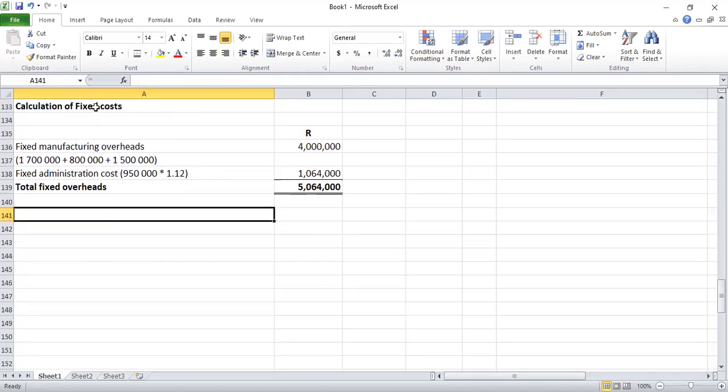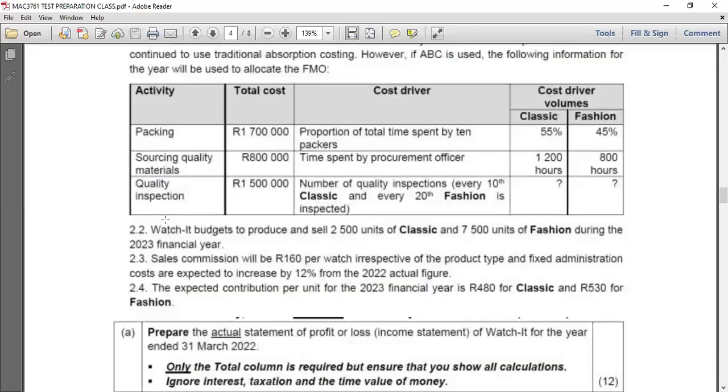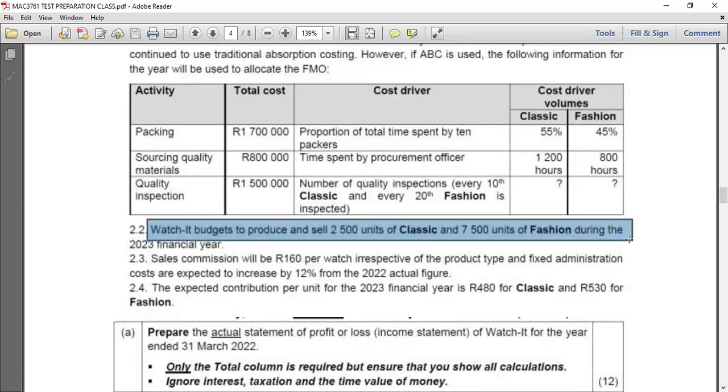Right. The weighted contribution will be according to what we call the sales mix. The sales mix is the proportions that we are going to sell for each product. We use the sales mix, not the production mix, but here they are the same, 2.5 is to 7.5.